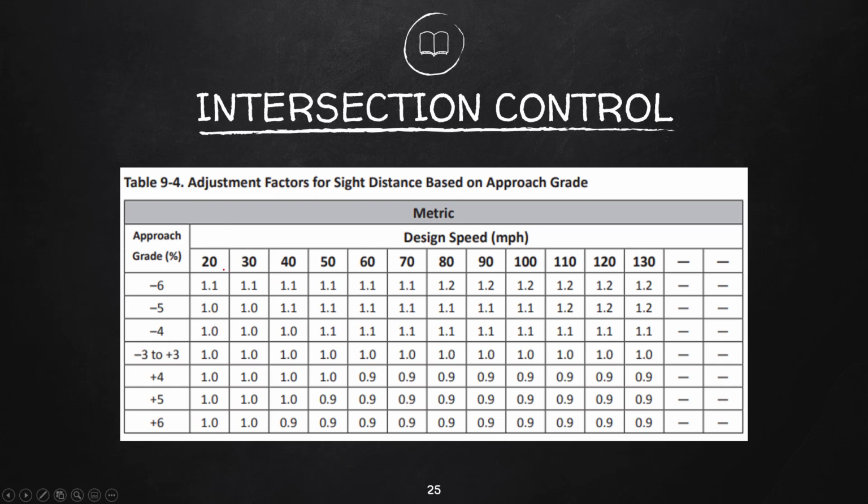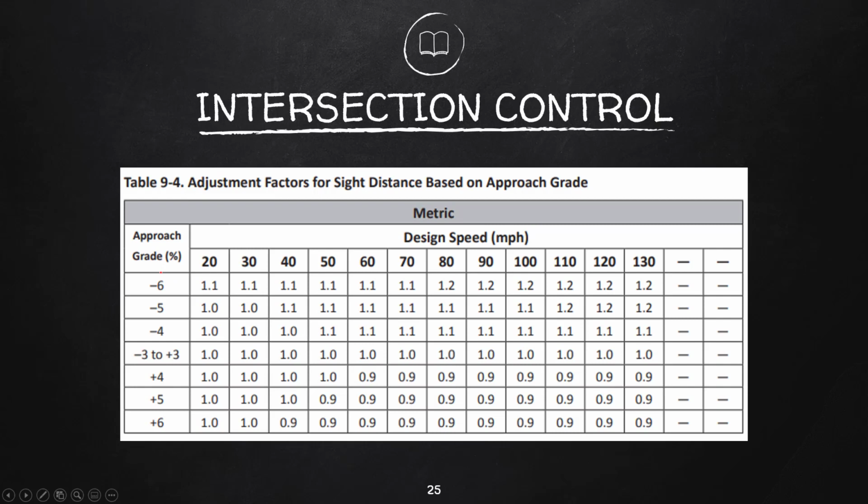If you will notice here in speeds, design speed 20 mph and 30 mph, you just multiply it by 1.0, because you don't need to do much adjustment here, because that is small speed as compared with those speeds that are higher. You will need to multiply it by a certain factor, of course, that is higher.